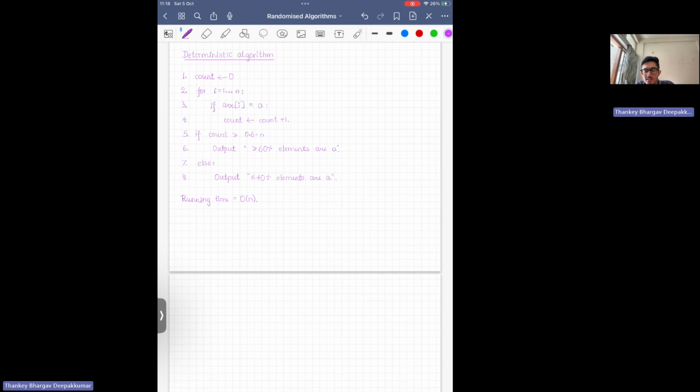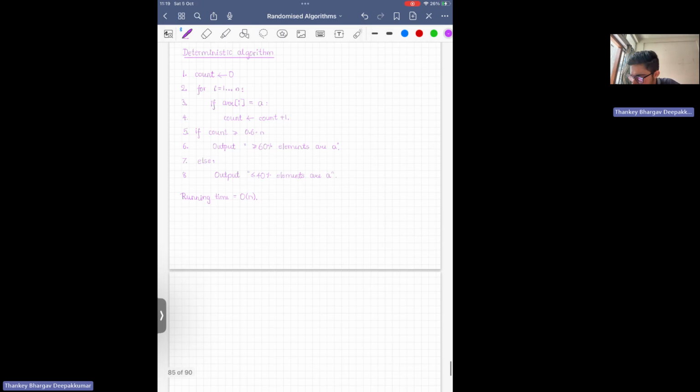It turns out that for randomized algorithms, you can do something much better. In fact, we will show that you can look at at most order root n log n many elements in the array and still be reasonably sure that it has either at least 60% or at most 40%.